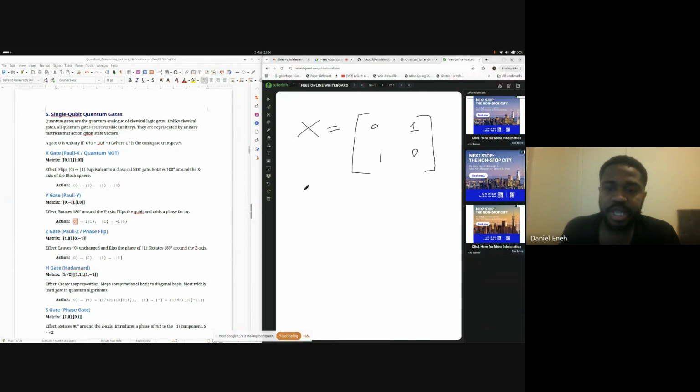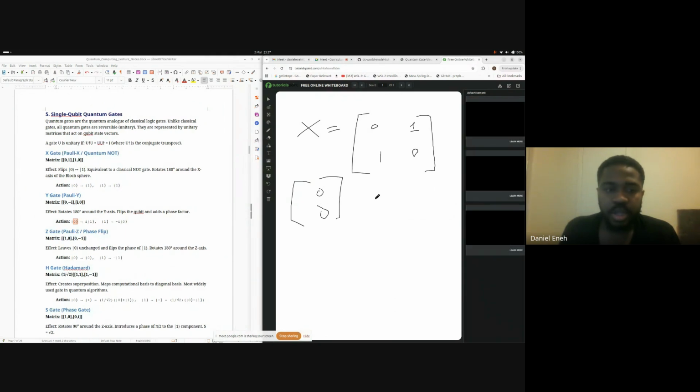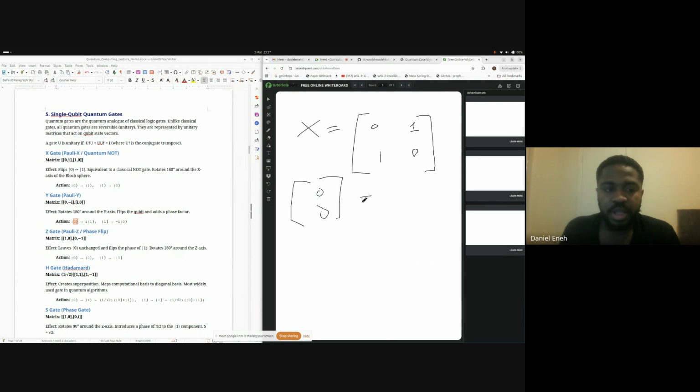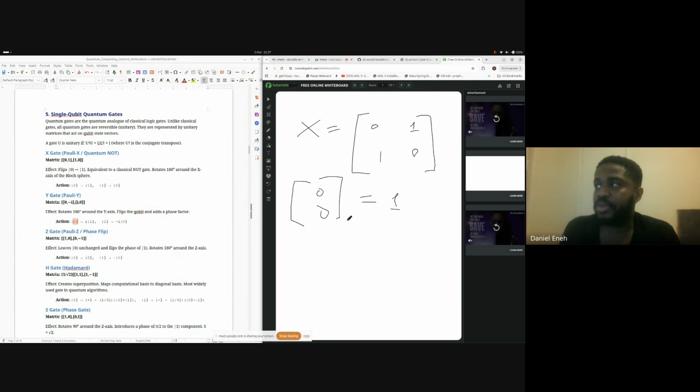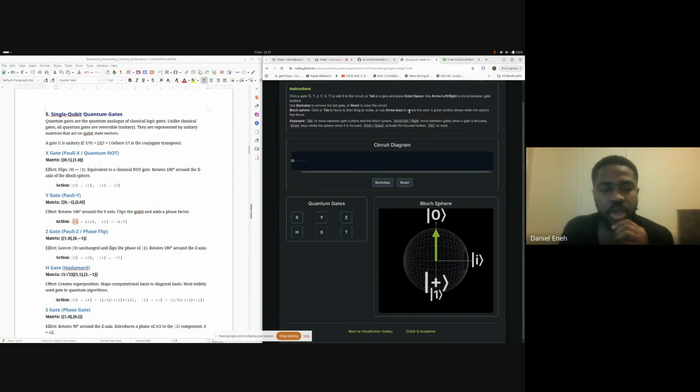So when you are putting in a 0, it's almost like you're multiplying it like this, and at the end of the day, you will get a 1. If you put in a 1, it's going to flip it to become a 0. So that's just what you need to understand. You need to know that.